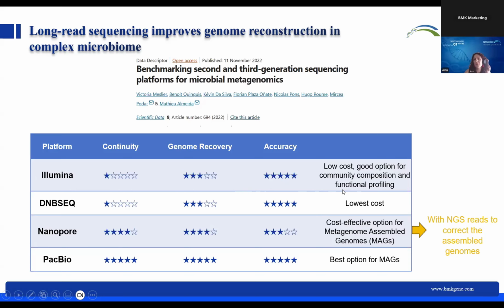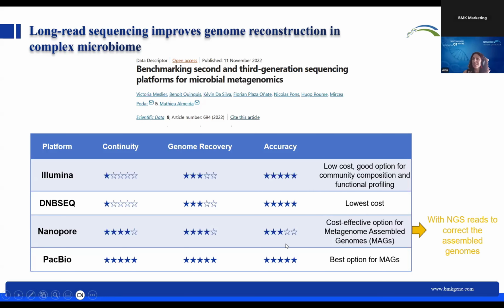If the purpose is assembling the genomes from that complex mixture, which are called metagenome-assembled genomes, then it's best to include long reads. Here, PacBio provides, as you can see, the best continuity, recovery, and accuracy. But since it's also a bit more expensive, if budget is a constraint, we have the option of Nanopore.